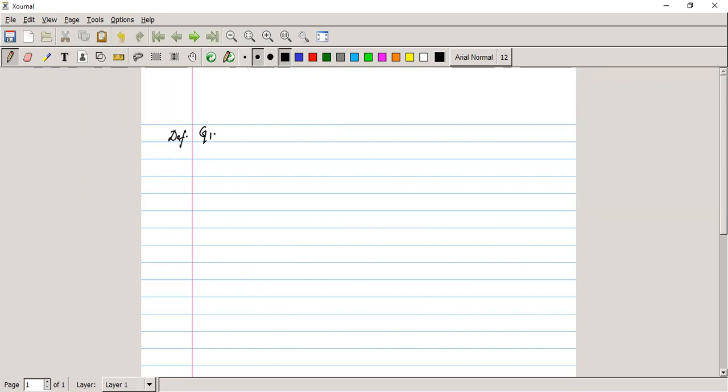Group action. So how do we define a group action?